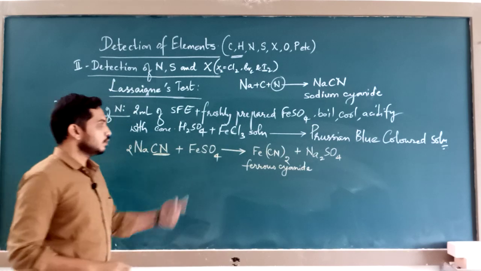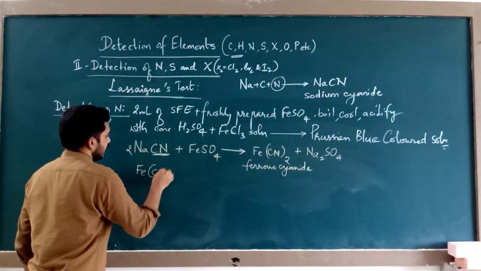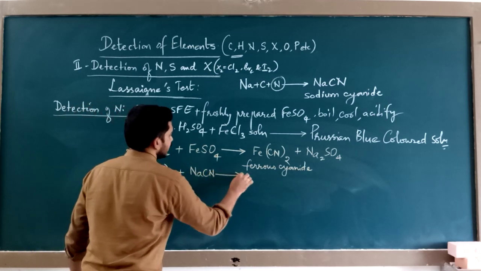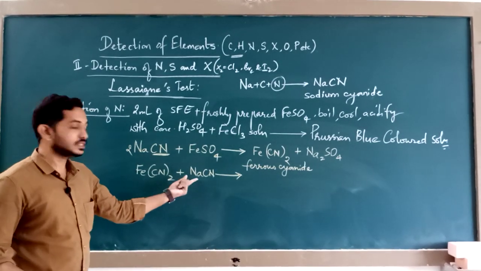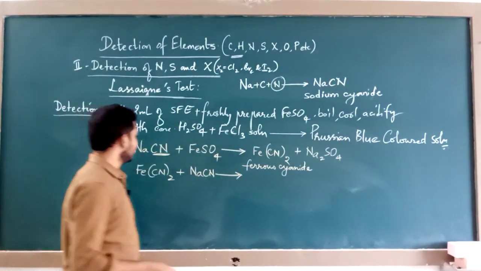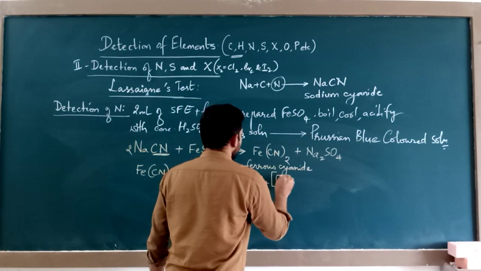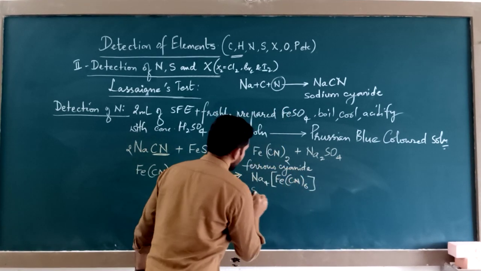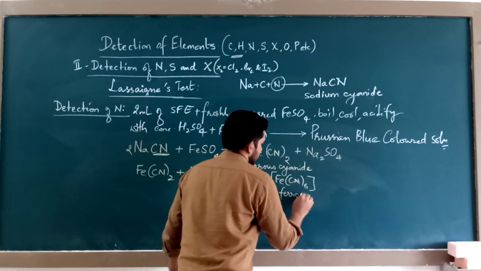Okay. Now this ferrous cyanide again reacts with more of the sodium cyanide present in the test tube. It reacts with more of the Lassaigne's extract, which is sodium cyanide, and it gets converted into sodium ferrocyanide.